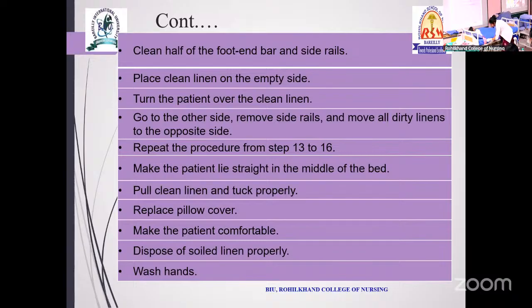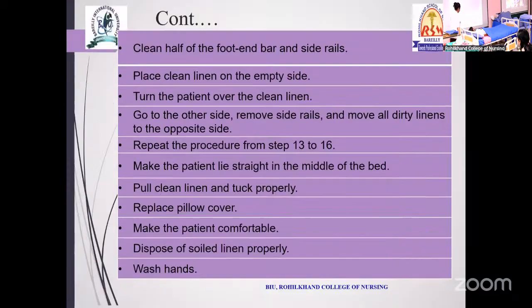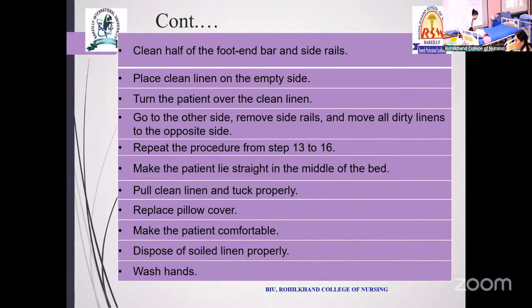And after that, we check all the patient's sides for any harm, any injury, and whether the IV line is connected. So check the IV line properly. And dispose of soiled linen properly after that.